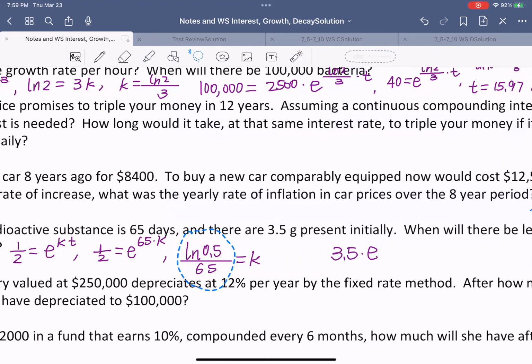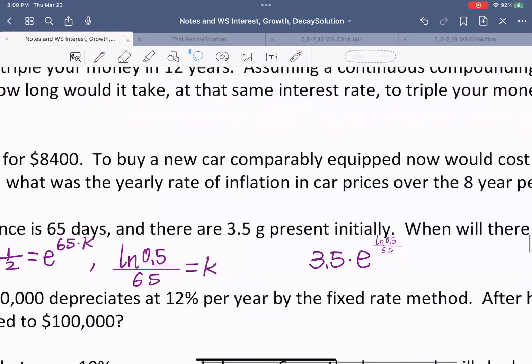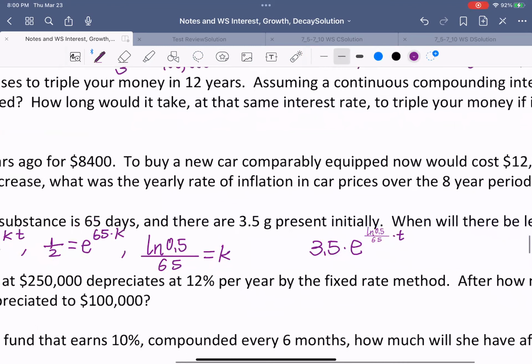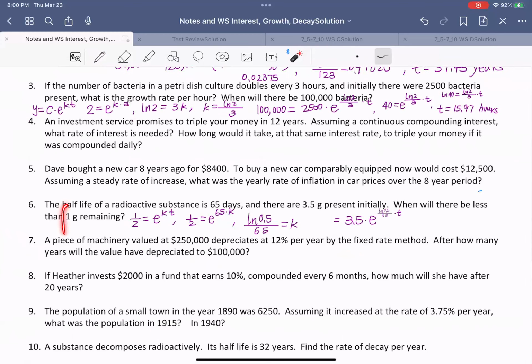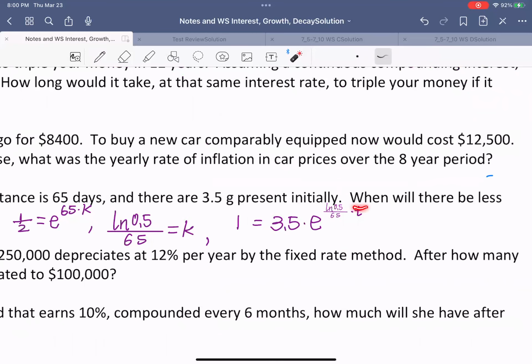This is the time for us to plug in. So you copy and paste it here, and then you times t. You want to reach how much? 1, right? Yeah. So you make this to be 1, and then you want to solve for your t.